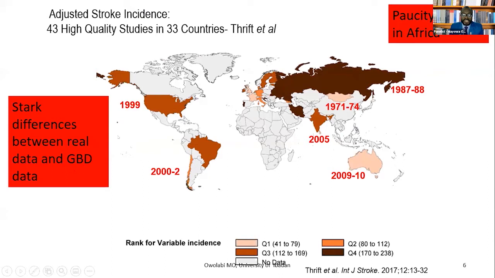Of course, there are GBD estimates which may not exactly reflect the current situation. Of course, there are uncertainty intervals which are published along with GBD estimates, which can help. So there is actually a paucity of data on cardiovascular diseases on the African continent.